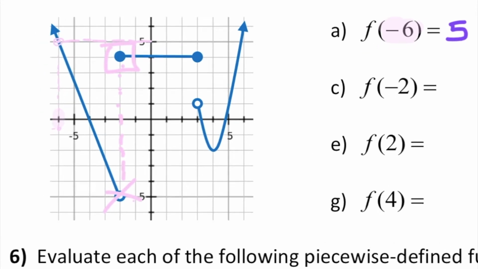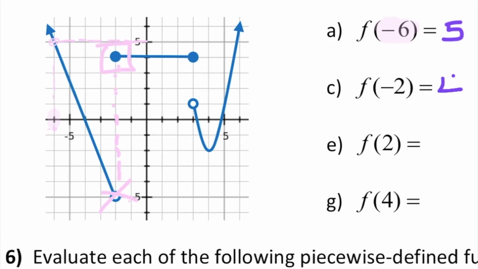And so f of -2 is going to equal 4. F of +2, there's +2, and the only possibility for that one is also +4. And f of 4, well here's 4, and the function is right there at -2, so f of 4 is -2.